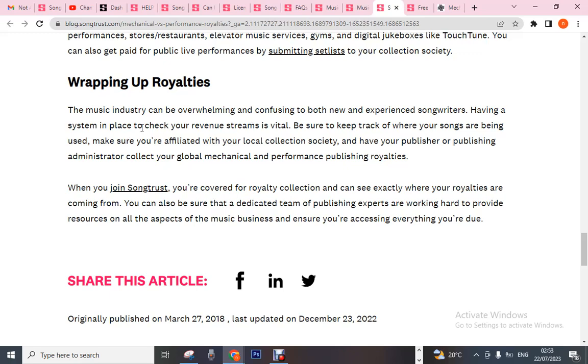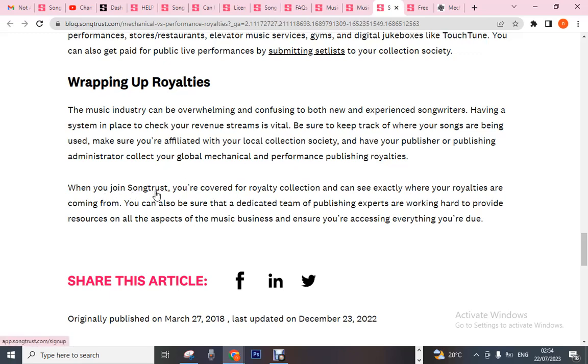Having a system in place to check your revenue streams is vital. Be sure to keep track of where your songs are being used. Make sure you are affiliated with your local collection society and have your publisher or publishing administrator collect your global mechanical and performance publishing royalties.